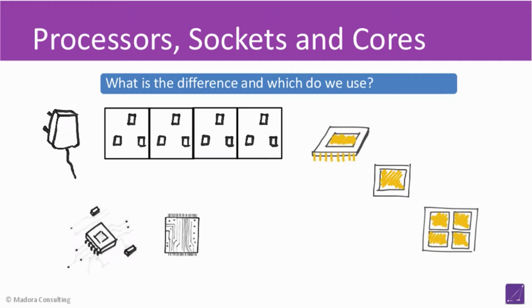So for Enterprise Edition, we need to know the total number of cores added together and then apply a core factor. For Standard Edition 2, it's just the number of sockets that are counted. So just to explain the difference, if we use an electrical extension to demonstrate, this one shown here on the slide has 4 sockets, and each one could have a plug or a processor plugged into it.